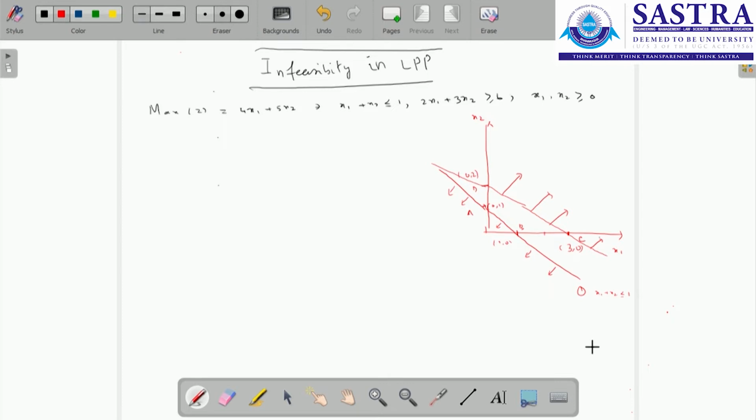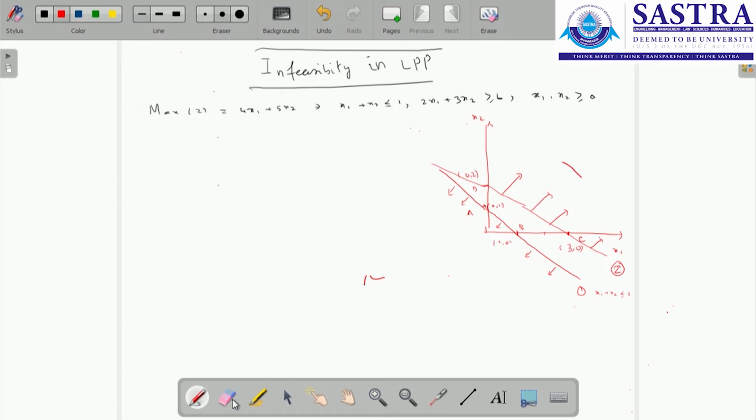That means there is no common region corresponding to both the inequalities. 2x1 plus 3x2 greater than or equal to 6 means points above this line 2. x1 plus x2 less than or equal to 1 means the collection of points that sit below this first line, facing the origin. So, there is no common point which can obey both the inequalities, and hence a feasible region cannot be found.